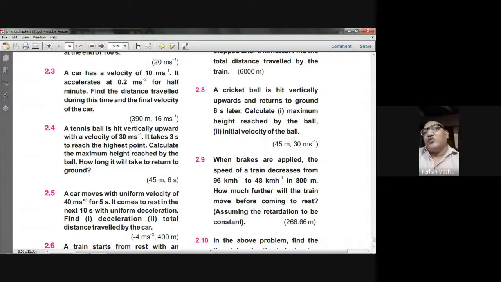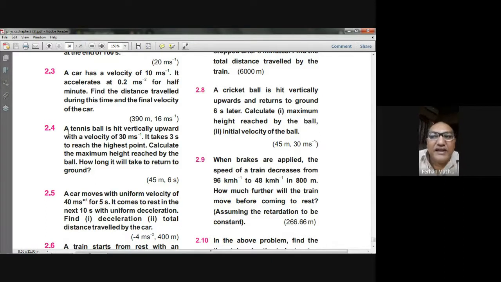Before you solve this question, one thing you should understand is that when anything is projected upward, at the start, the initial velocity will be maximum. As it goes up, the velocity will gradually decrease. When the ball, or any projectile, reaches its maximum height, the velocity will become zero.